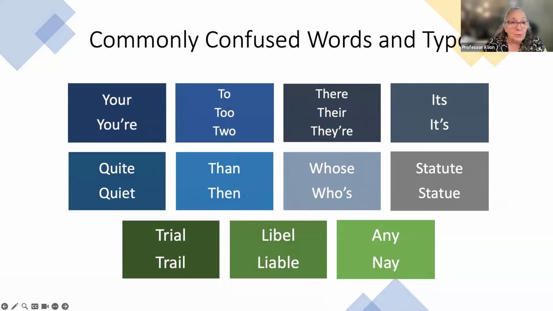There's a difference between to, too, and two. There is a difference between there, their, and they're. The last one being something that means they are, a contraction, which you should not be using in legal writing anyway. There is a difference between it's and its. It is.